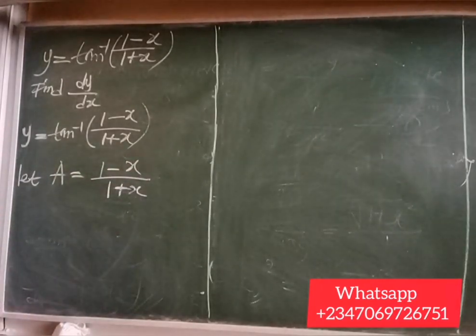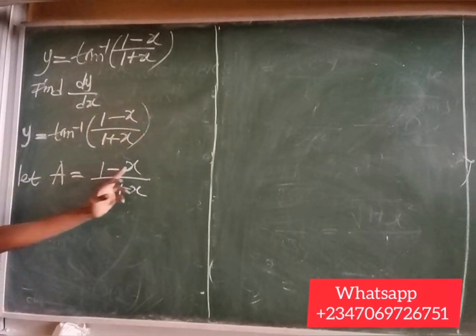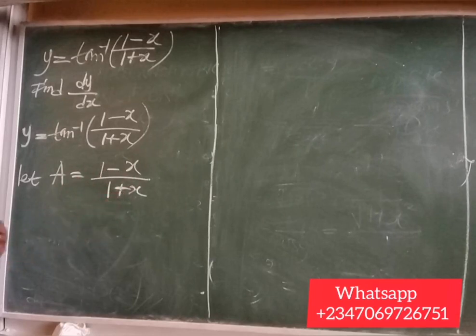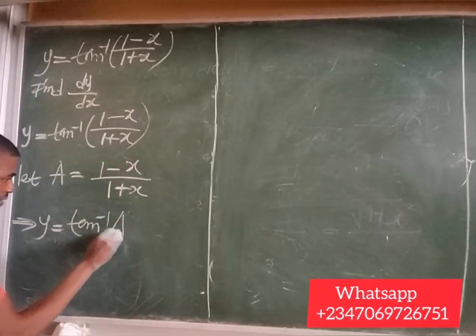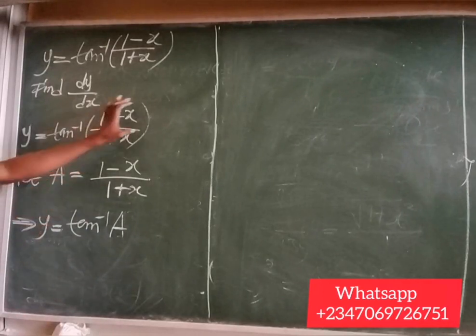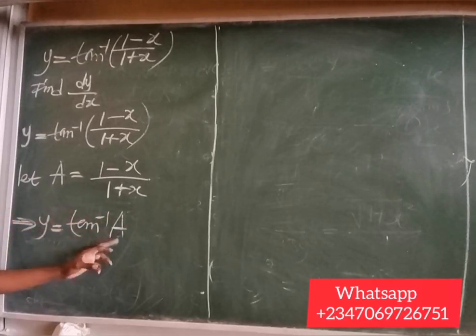I'll simply say let a be equal to the variable in front of the trig function, which is simply (1 minus x) all over (1 plus x). So if this happens, it now implies that y is tan inverse of a, because I'm calling the whole of this function a. So y is actually tan inverse of a.